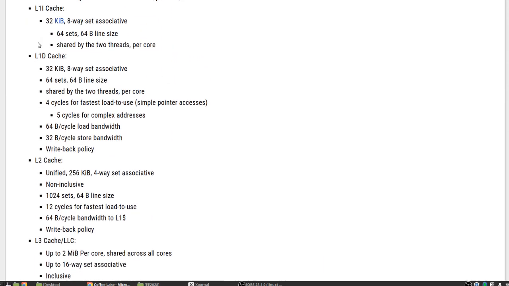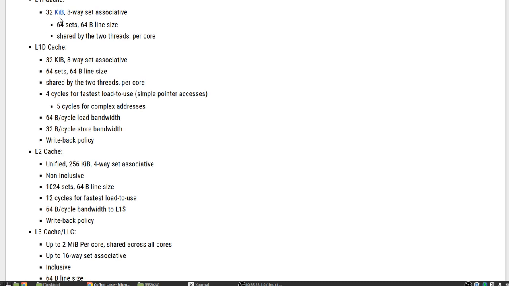So you can see the L1 cache is 32 KB and it is 8-way set associative. You can see there are 64 sets and 64 byte line size. This line size is nothing but block size, because a block is also called a cache line. So line size is the same as block size.